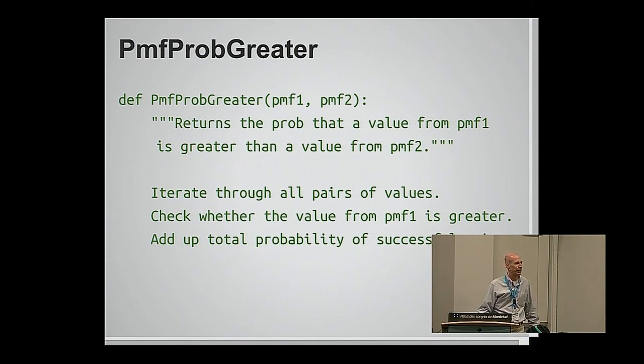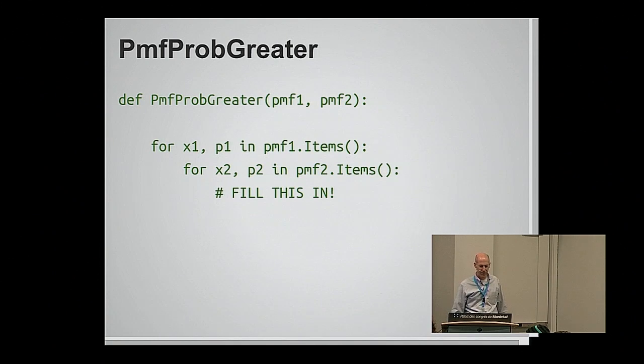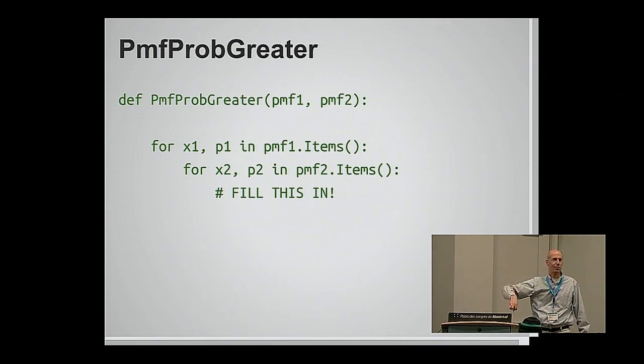Does that make sense? I'm going to give you one more helpful piece of information, which is that if you want to loop through a PMF, you can use the items method. The items method is going to give you all the x's and their corresponding probabilities. So if PMF1 is for Alice, then x1 is a value drawn from Alice's distribution, and x2 is a value drawn from Bob's distribution. All right, I'm going to let you work on that for a little bit. I'll come around. And as always, if you're stumped, you can cheat and look at the solution.